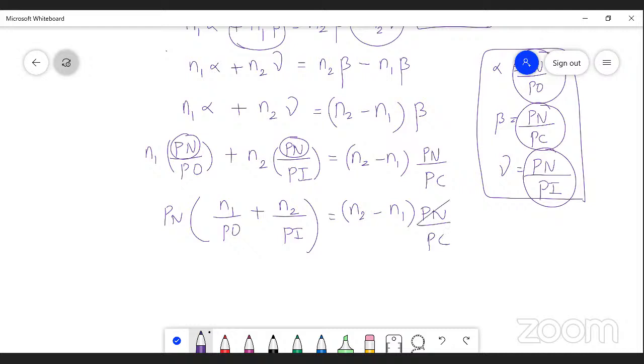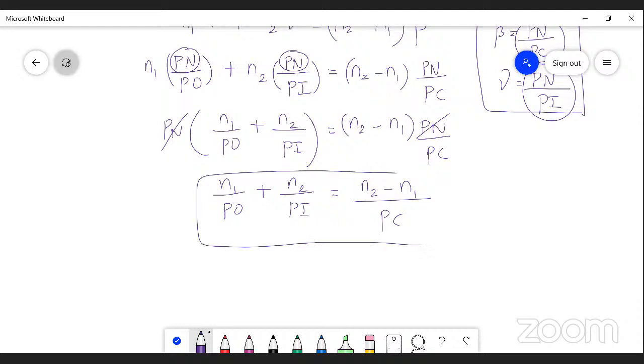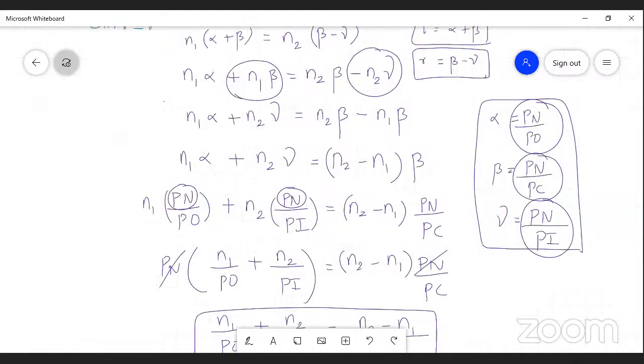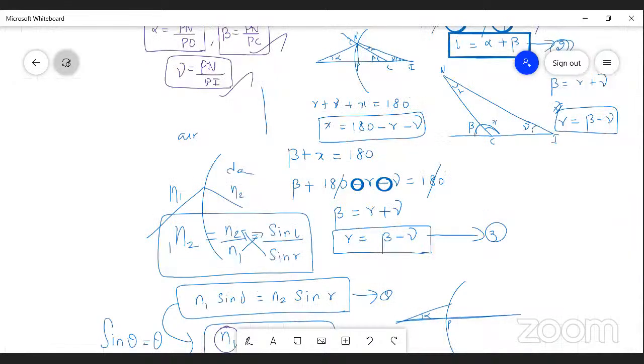So PN cancels, and the remaining factors are N1 divided by PO plus N2 divided by PI, which is equal to N2 minus N1 whole divided by PC. See, this is the final equation for refraction at a single spherical surface.